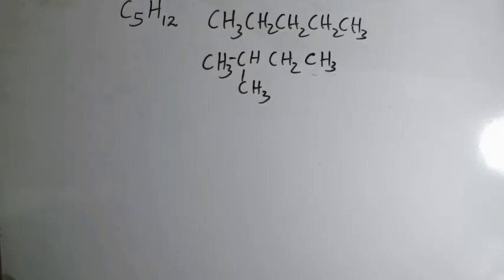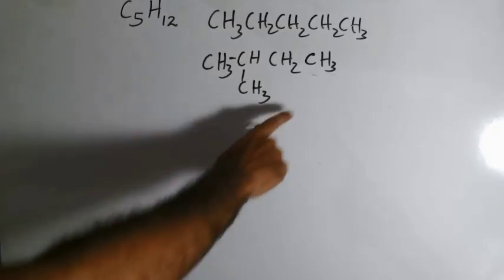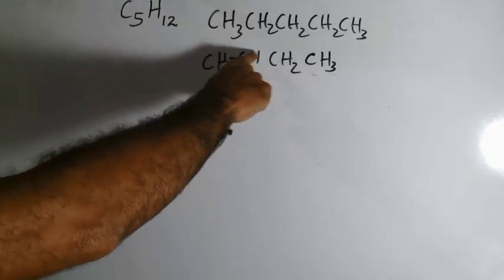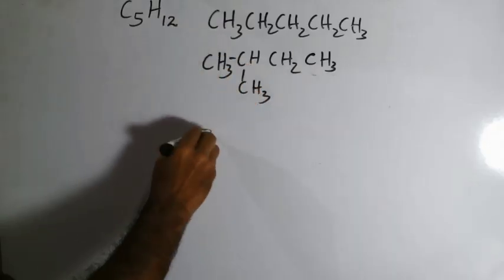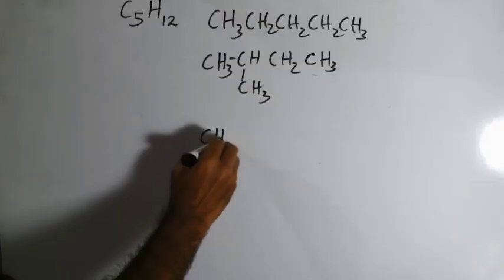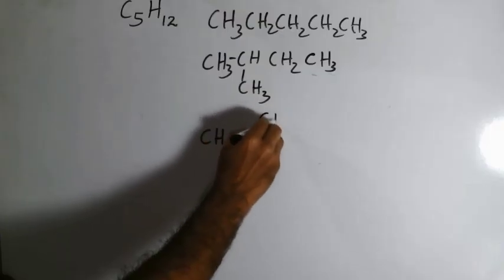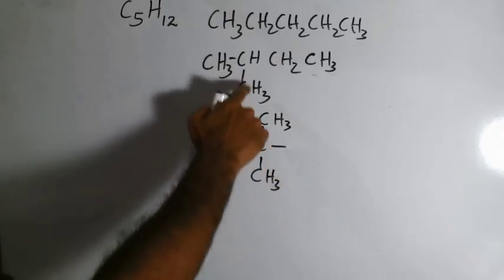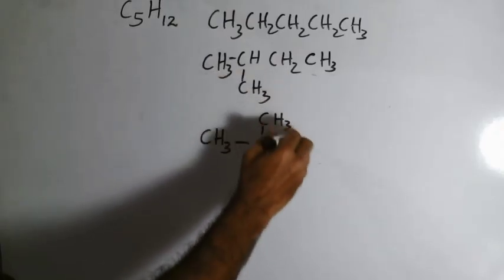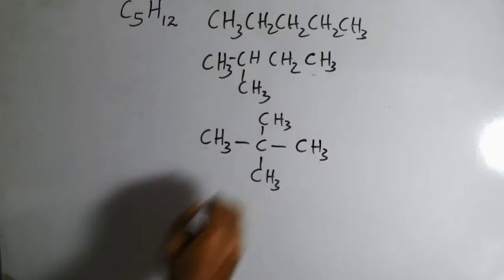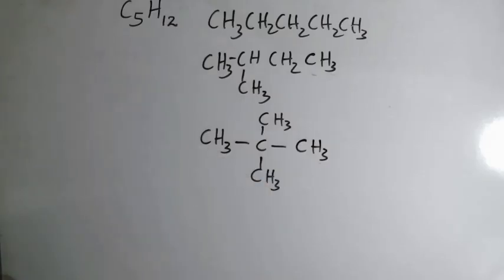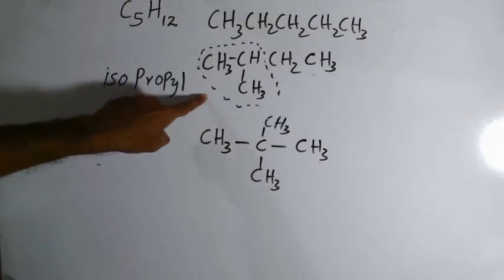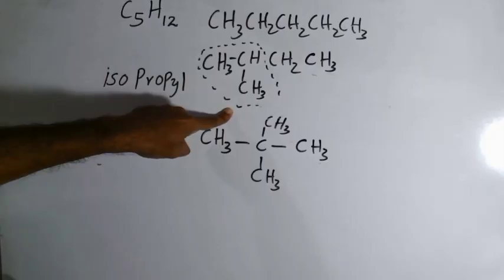Then what I am going to do is remove this methyl and try to connect here. So that hydrogen should be connected to here. So then we got a new isomer. This part is an isopropyl group.